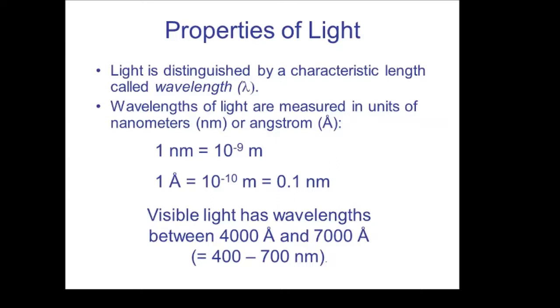For example, when light interacts with particles or molecules that are similar in size, they interact a lot, scatter and things like that. But for the most part, divorce the idea of light having any kind of length to it, though it has this characteristic wave property. You want to really know the numbers down here: 400 to 700 nanometers.